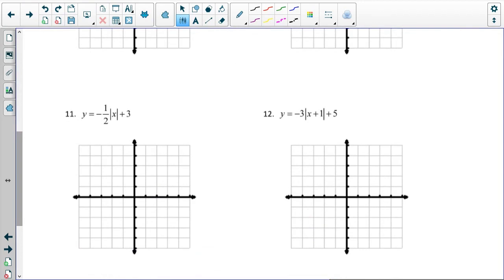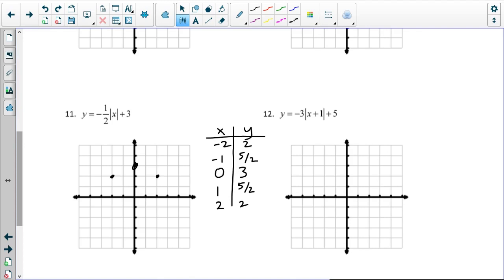So in this problem, if I substitute some points in, substituting in 0, I get 3. If I substitute in 1, I get 2.5 or 5 halves. If I substitute in 2, I get 2, and likewise on the other side. So 0, 3, 2, 2.